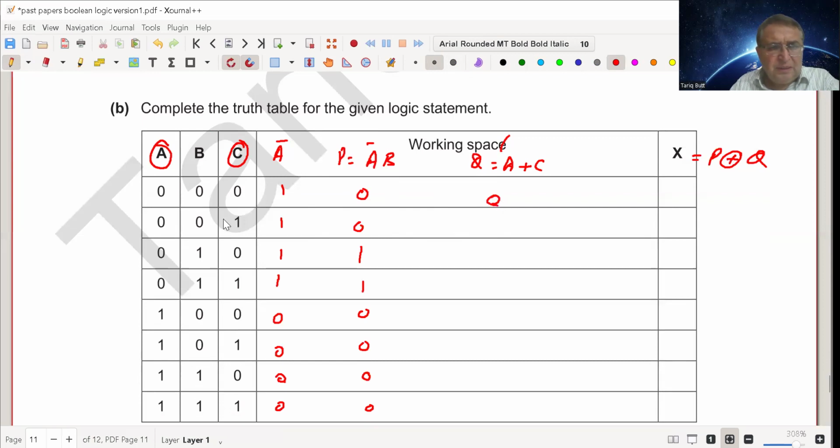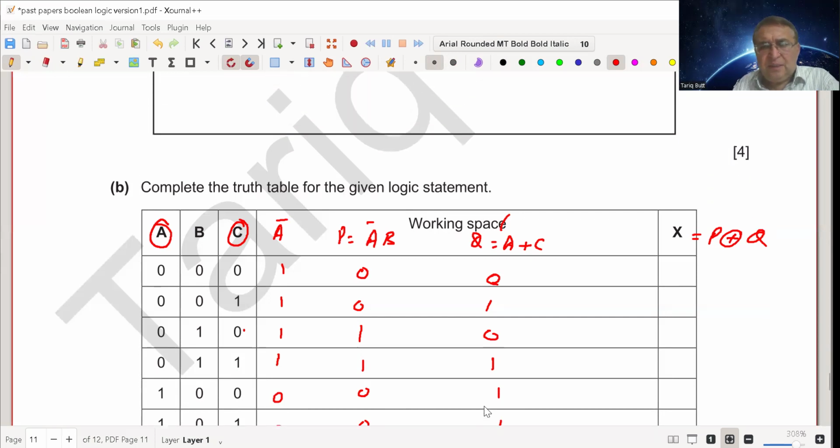Fine. Then 0 OR with 1, 1, 0 OR with 0, 0. Then 0 OR with 1, 1. Then 1 OR with 0, 1, 1 OR with 1, 1, 1 OR with 0, 1, 1 OR with 1 is 1. That's it.